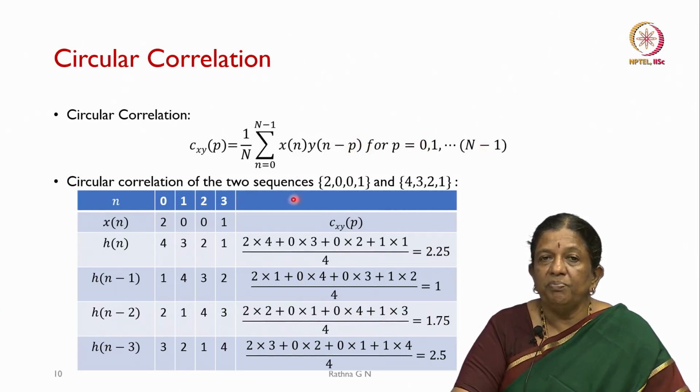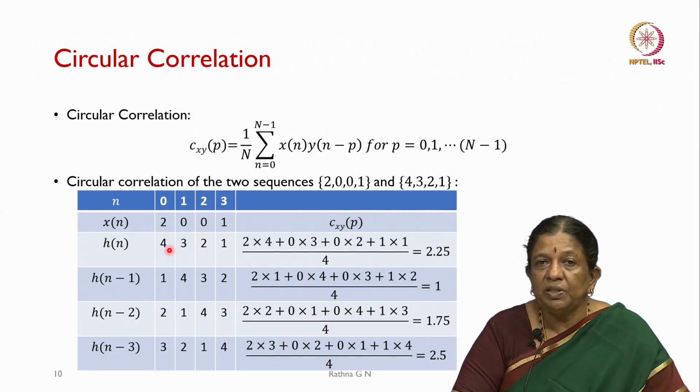So, we compute the circular correlation between these two sequences as we had done with linear correlation. Here x of n is 2, 0, 0, 1 and h of n is given as 4, 3, 2, 1, and the capital N in this case is 4. So, we will be going between 0 to 3, after that it is going to repeat.